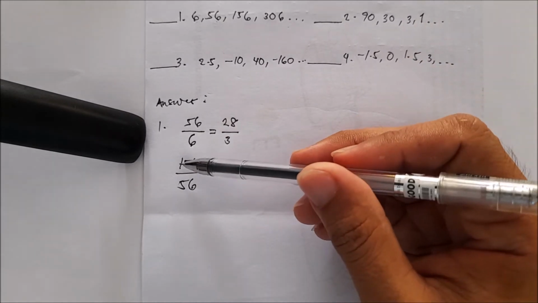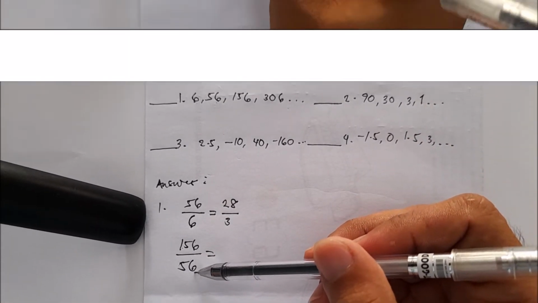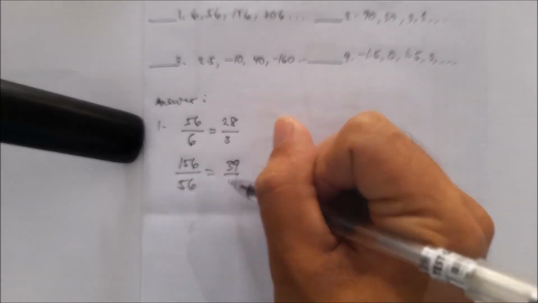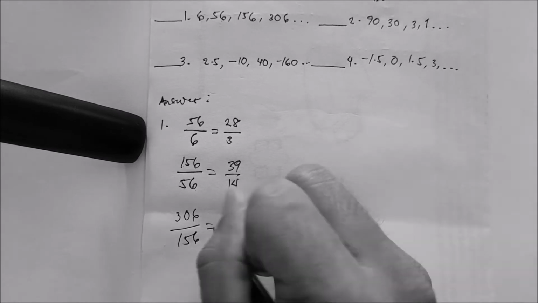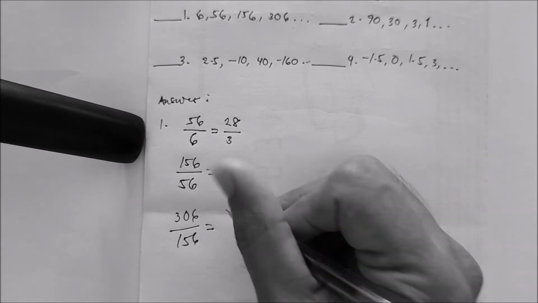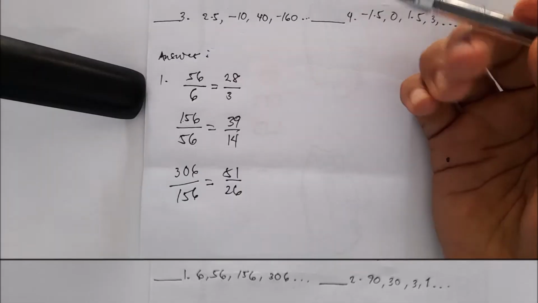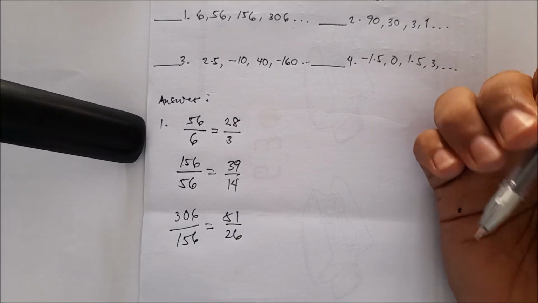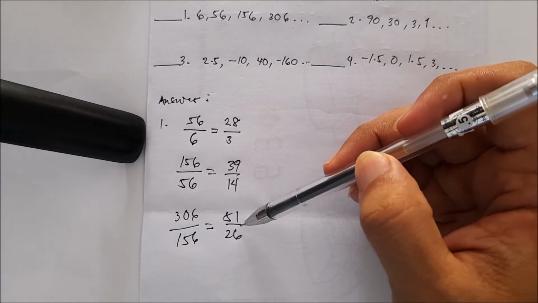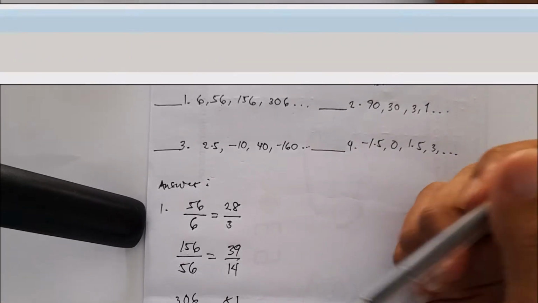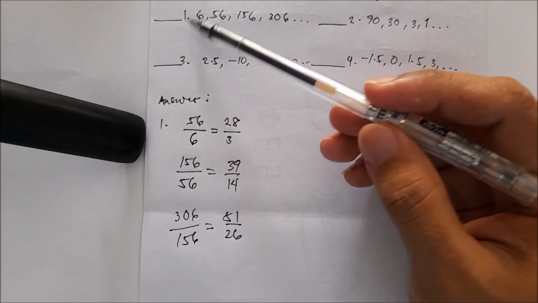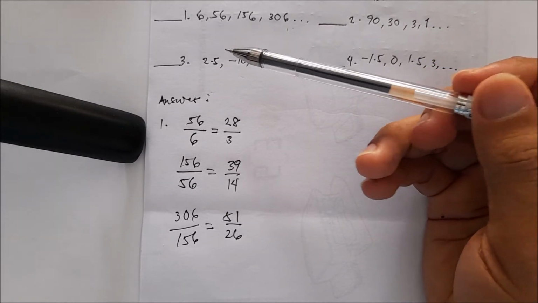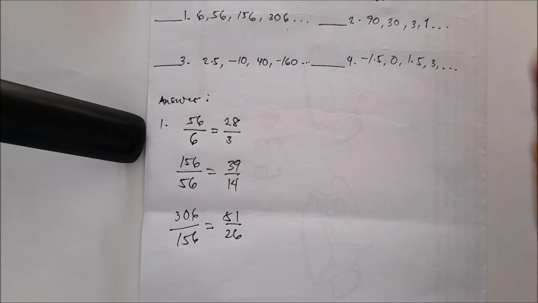So you need to divide 156 by 56, this is 39 over 14, and 306 divided by 156 is 51 over 26. So as you observe, there is no common ratio from the given sequence. Since there is no common ratio, the answer is N, which is not a geometric sequence.